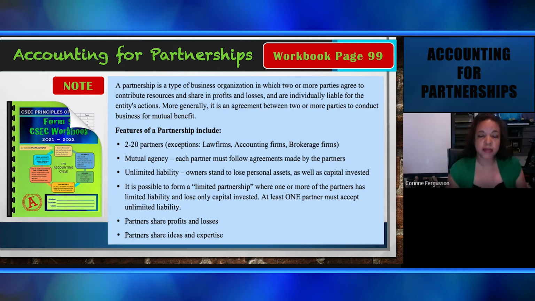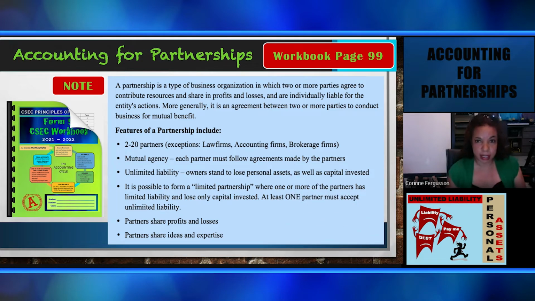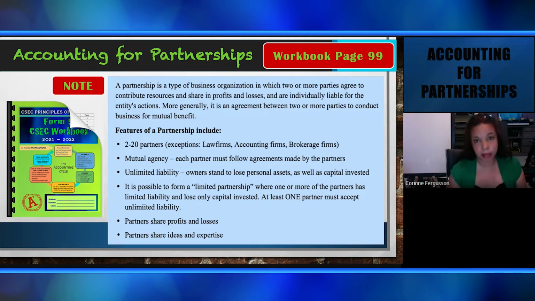So that means that in general, partnerships are unlimited liability. The exception is that you can have a limited partnership where they have limited liability, but still at least one of the partners must accept unlimited liability, meaning his personal assets can be used to meet certain obligations, like amounts owed to people in case the business is closing or in bankruptcy or whatever, okay?